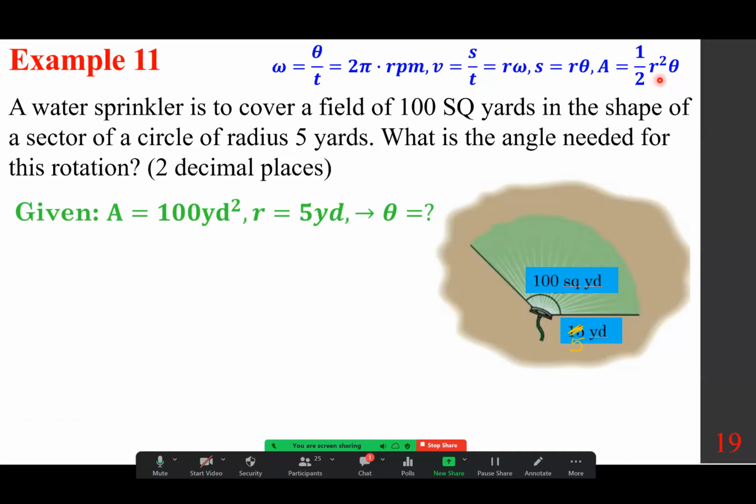A is 1/2 r squared theta. So replace the A with 100, R with 5.